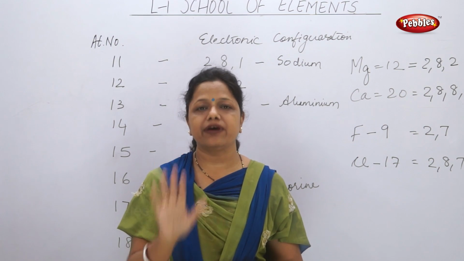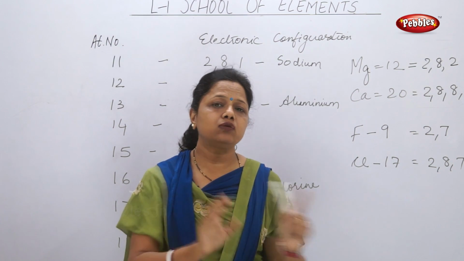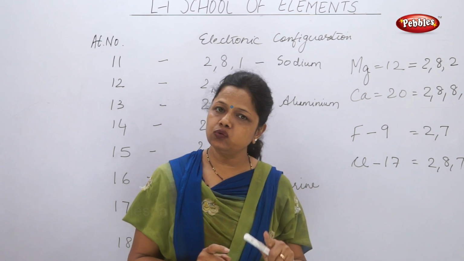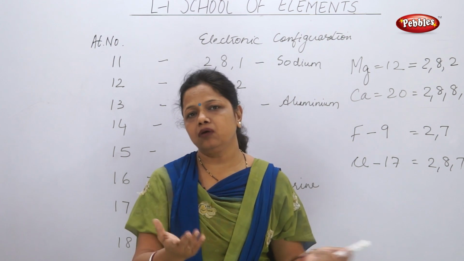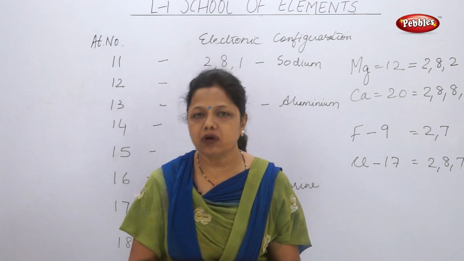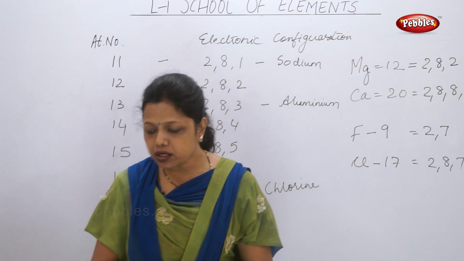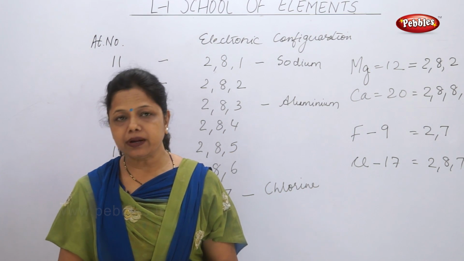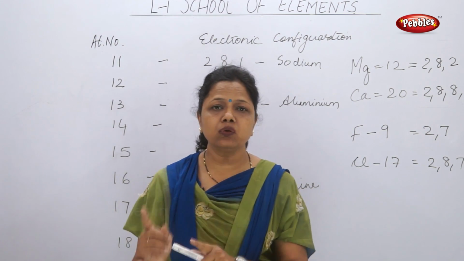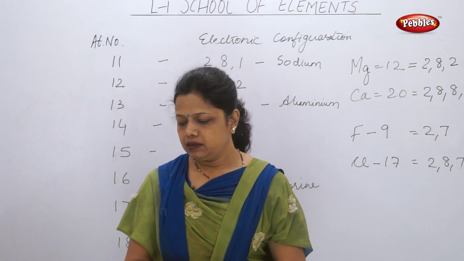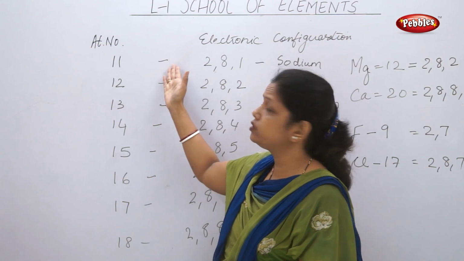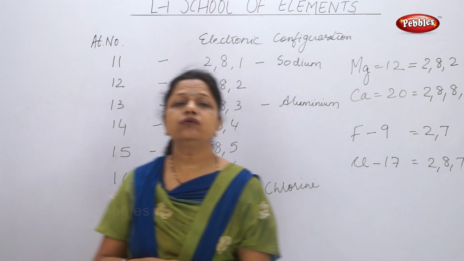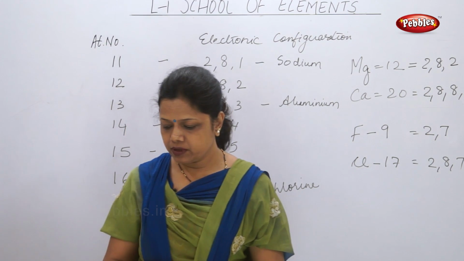Boron atomic number 5, so how will you divide it? 2 and 3. This is how the electronic configuration of boron is done. Then oxygen, atomic number 8, so 2 and 6. Then sodium, I have told you sodium is 11, so it is 2, 8, 1.